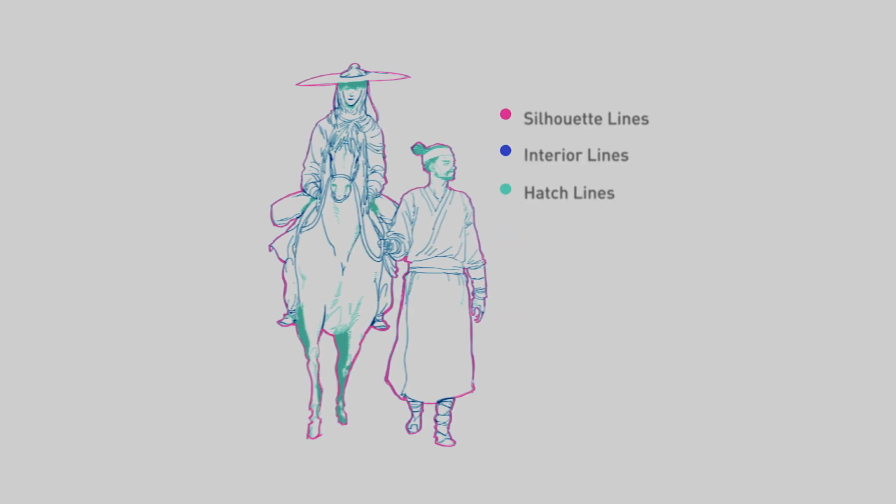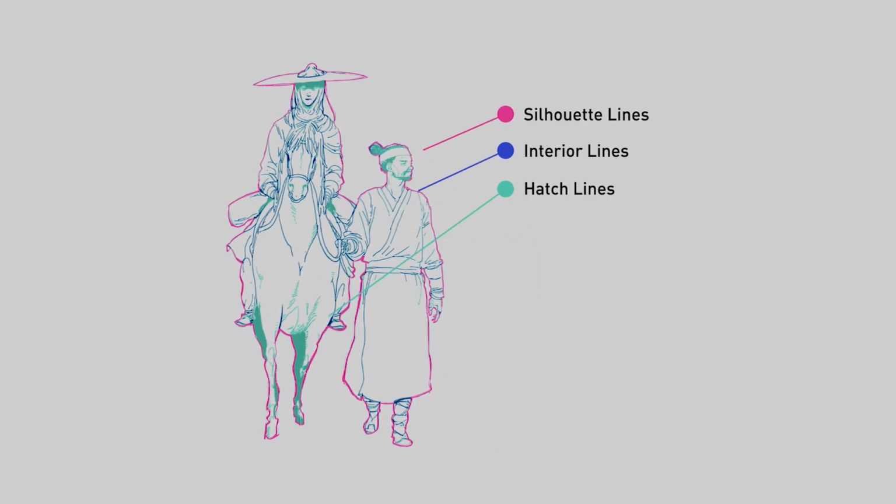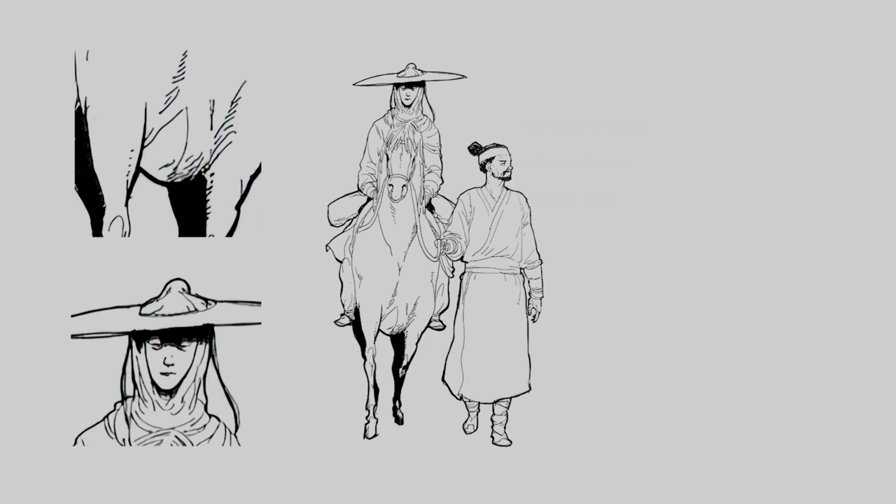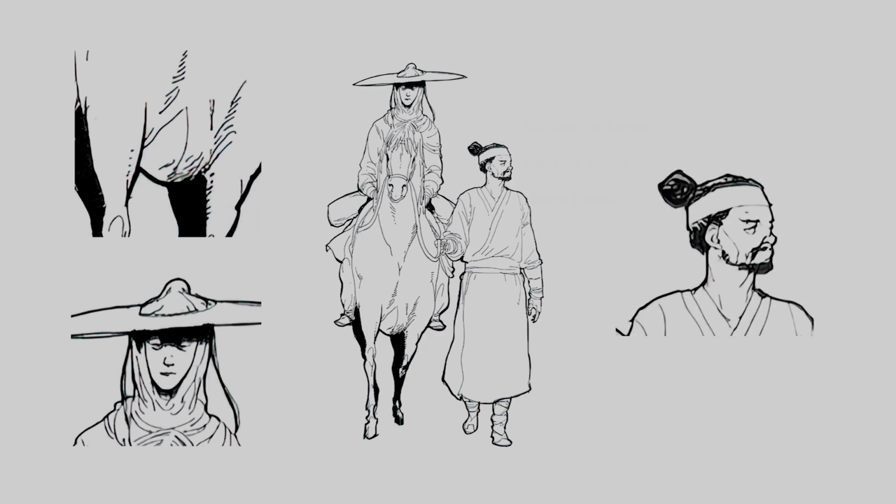They are called hatch lines and are the true magic of drawing. Because other than the silhouette and the interior lines, they can describe many things: texture, shadows, or just a simple separation in color. And the thing is, hatch lines don't follow any strict mathematical rules. They're simply a subjective interpretation of the artist.